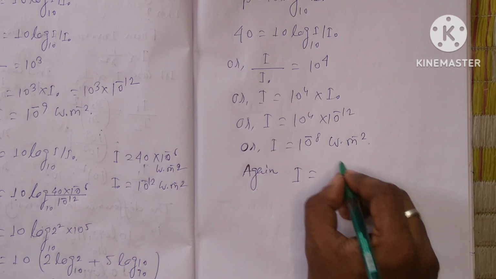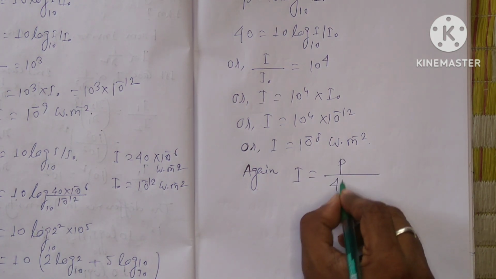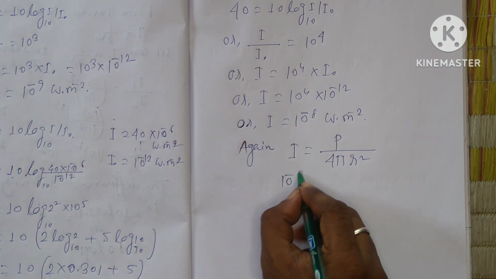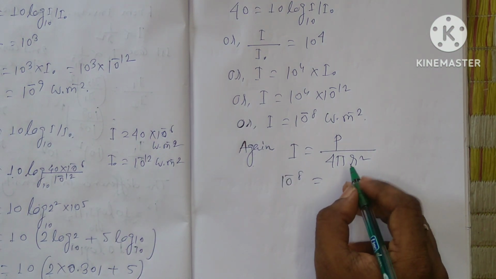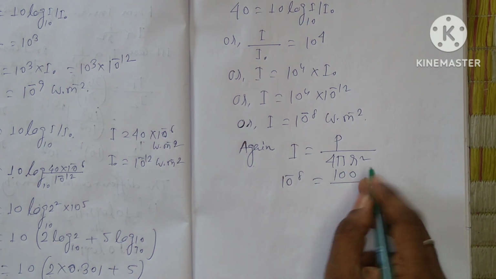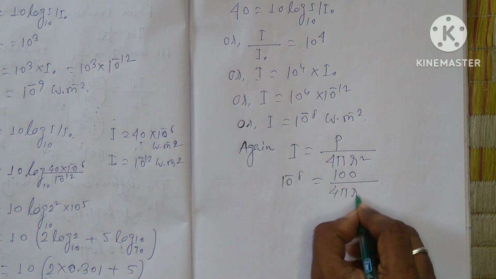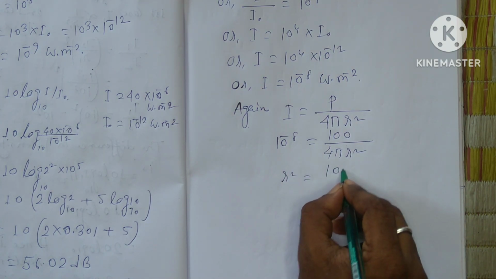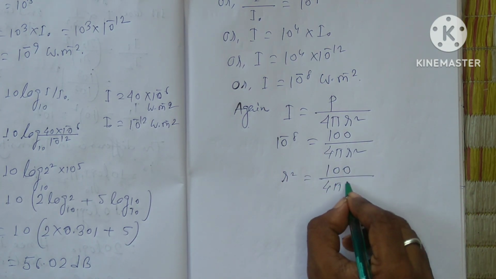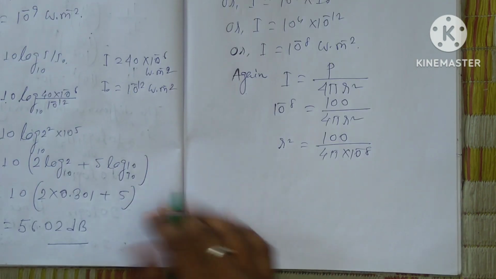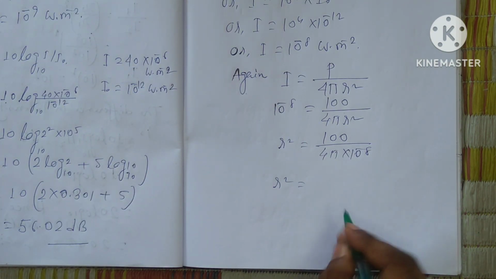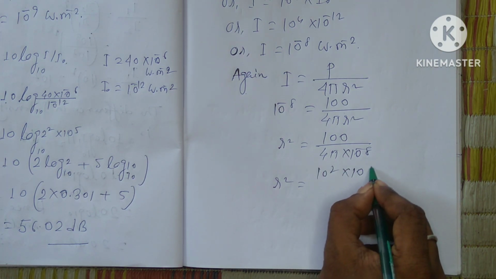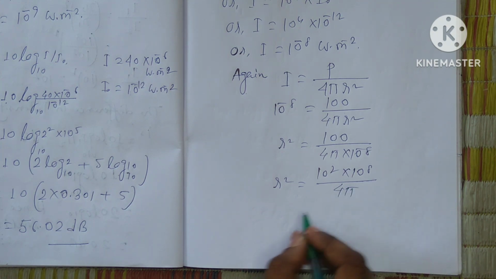Again, I equal to P by 4 pi r square, this is 10 to the power minus 8 and this is 100. So 4 pi r square, so r square equal to, we can write, r square equal to that by 4 pi.